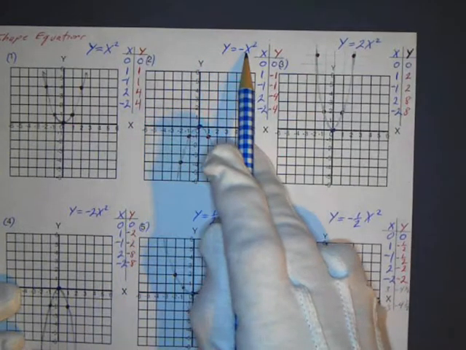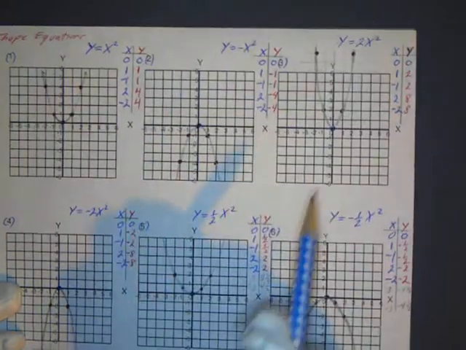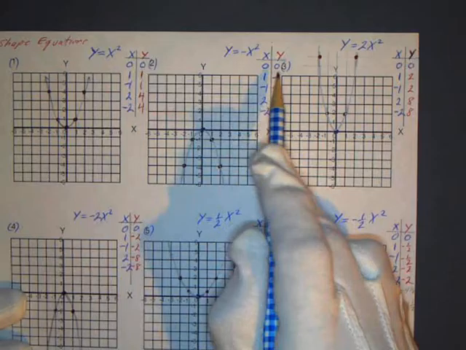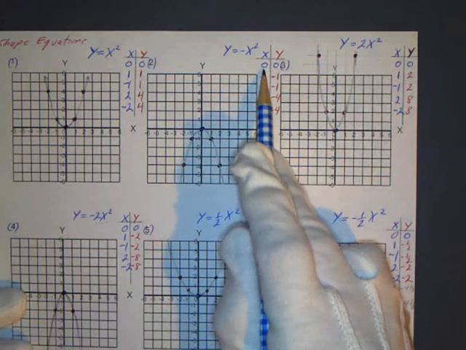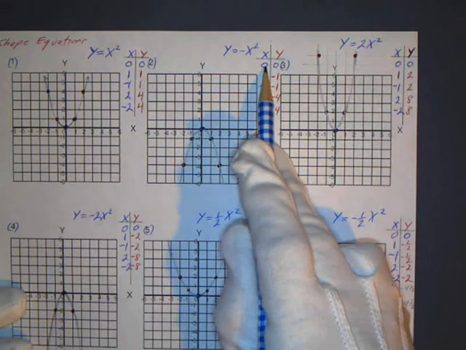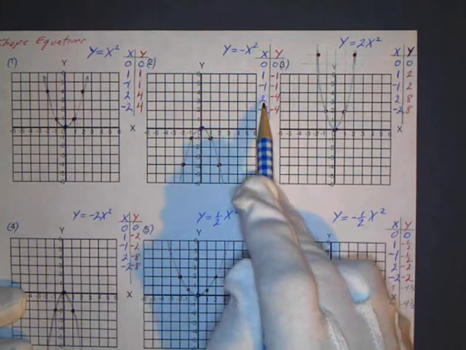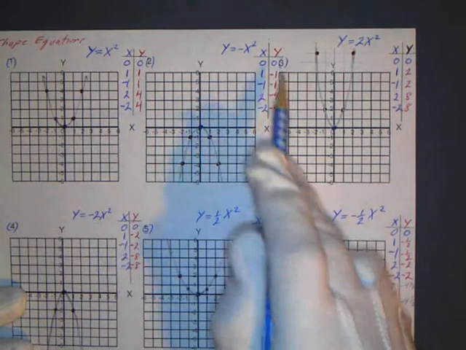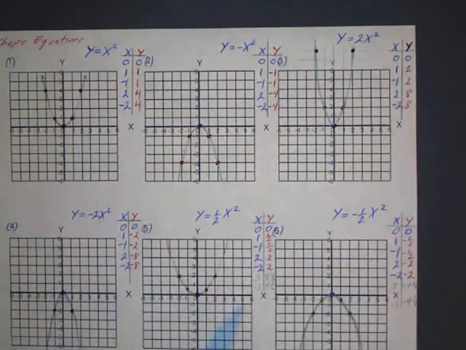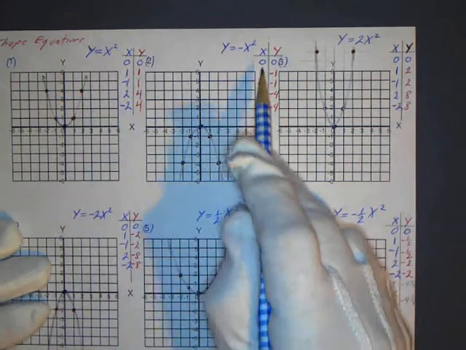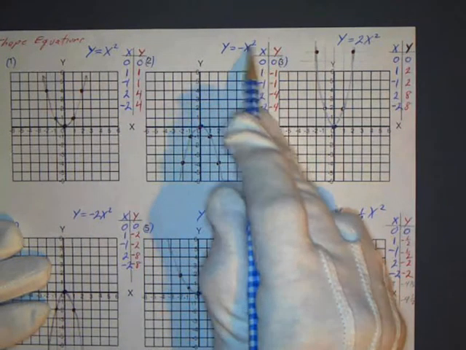How about when y equals negative x squared? Well, again, I'll try some values, and I'll use the same x values. I'm just going to go at the vertex, and then 1 to the left and right, and 2 to the left and right of the vertex. Okay? So when x is 0, 0 squared is 0.